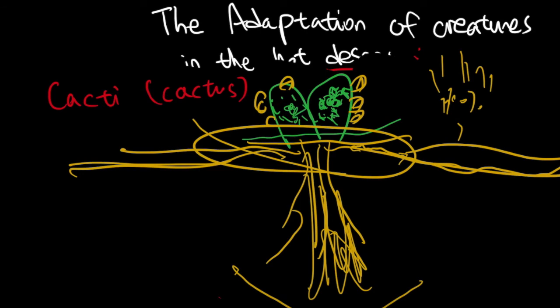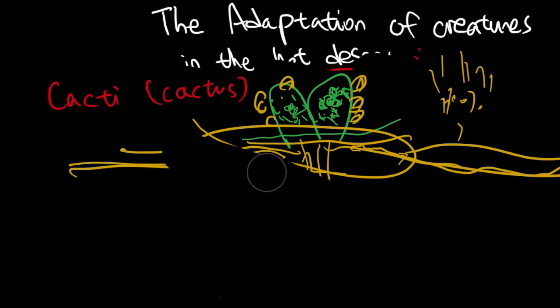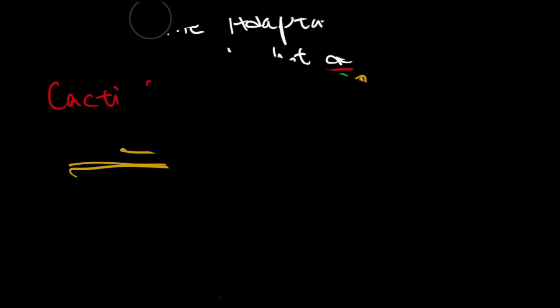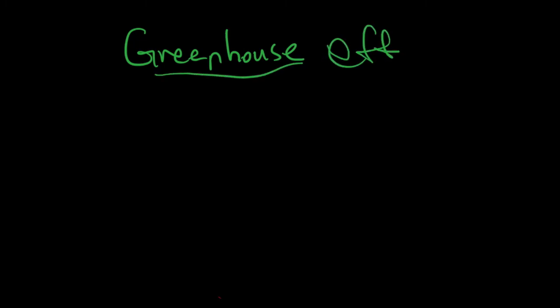Okay, that's basically it. The very last thing we have to talk about is the greenhouse effect, which we just learned, and I'm not sure if it's going to be included in the test. If you want, check out the Google Classroom, we learned it. Greenhouse gas consists of carbon dioxide and other gases, and they absorb heat from the sun.